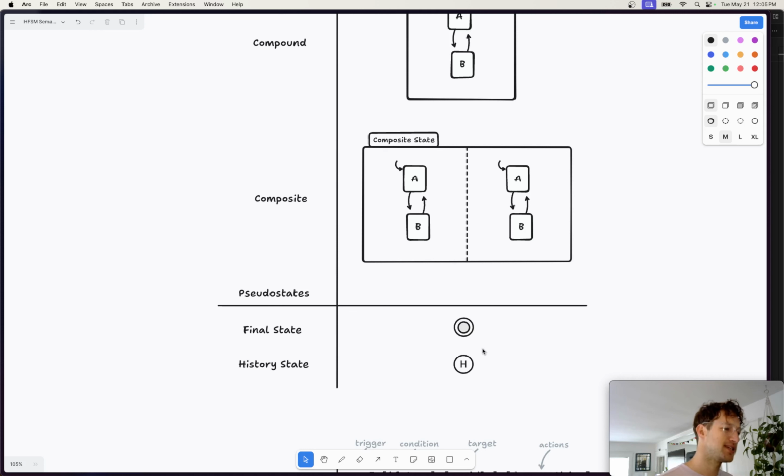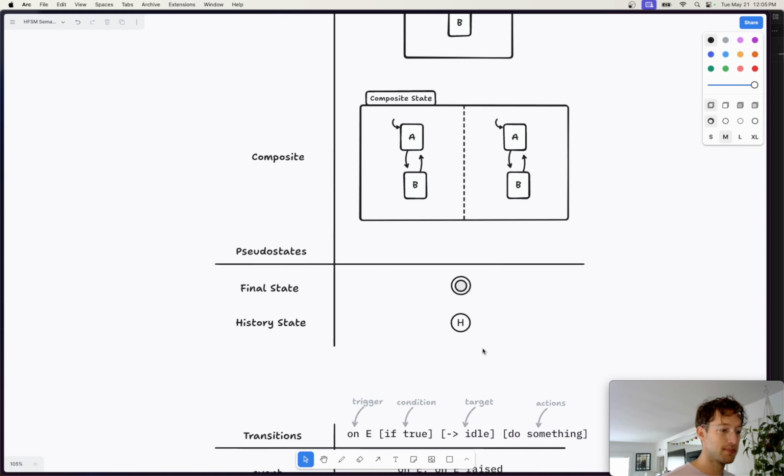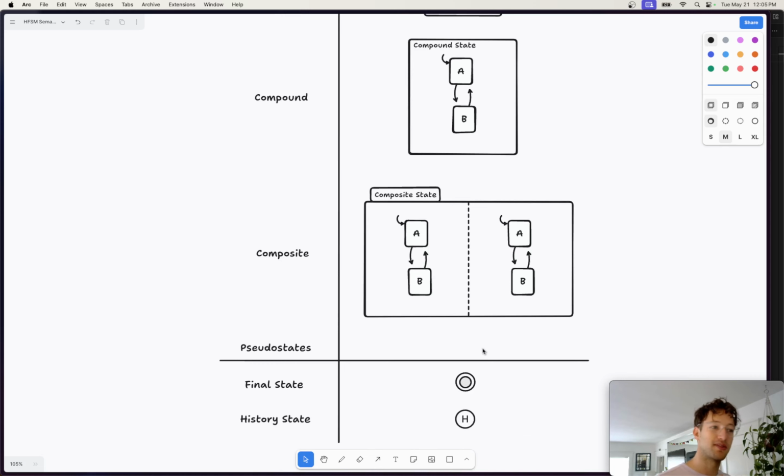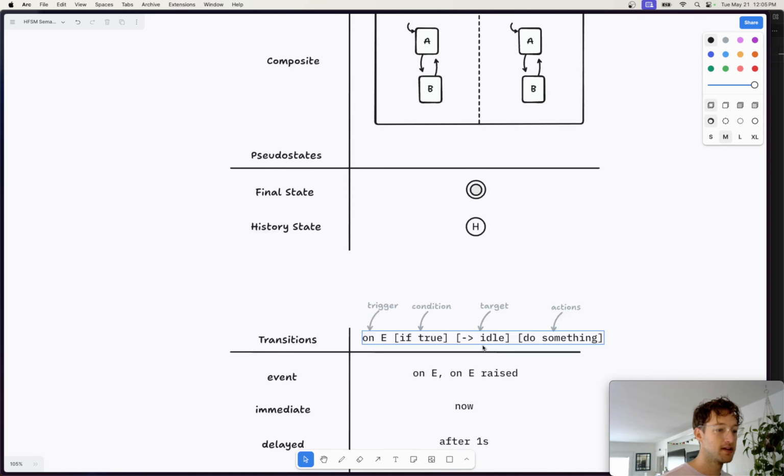And then there are history states, which, if you target a history state, it's going to remember the history of the state that it's in. So it's also this weird pseudo state that has extra functionality that's enhancing the state chart. Those are the core states that we can have.